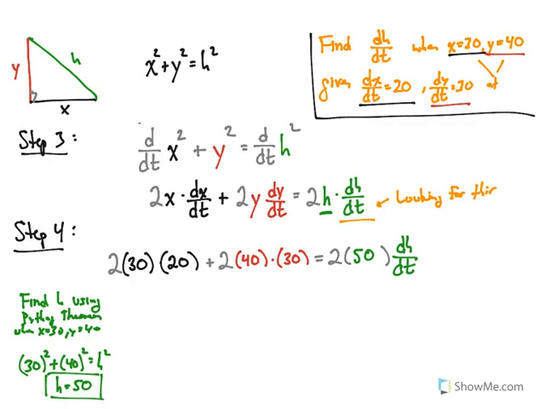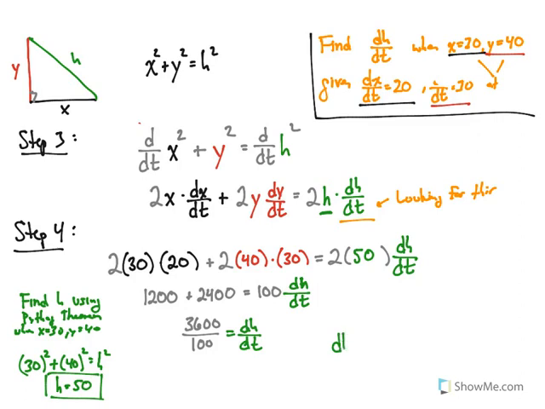We have 30 times 20 times 2 is going to be 1200. 40 times 30 times 2 is going to be 2400, equal to 100 dh/dt. This is going to be 3600 divided by 100 equals dh/dt.